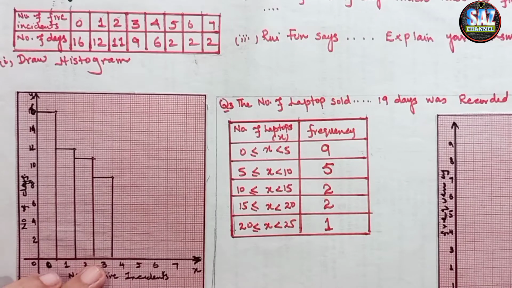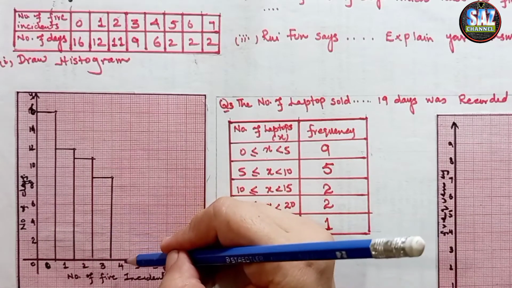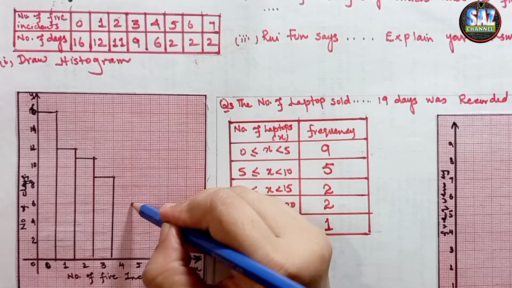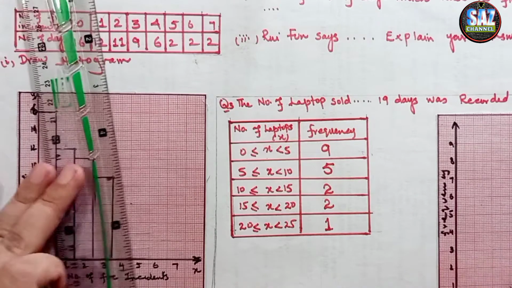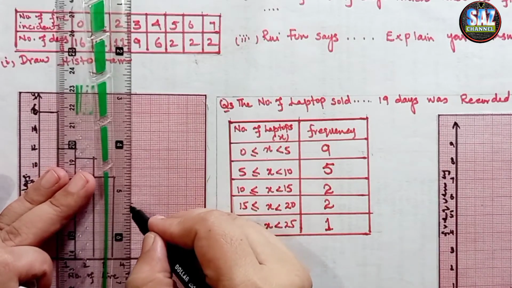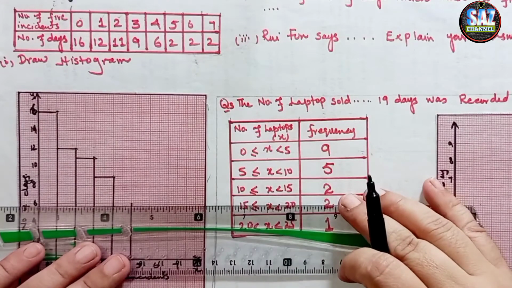Okay, 3 with 9, 4 with 6, okay, 4 and 6, the rectangle will be coming at this place. Okay, and the point will be coming at this place, 4 with 6, and close the rectangle from this side.